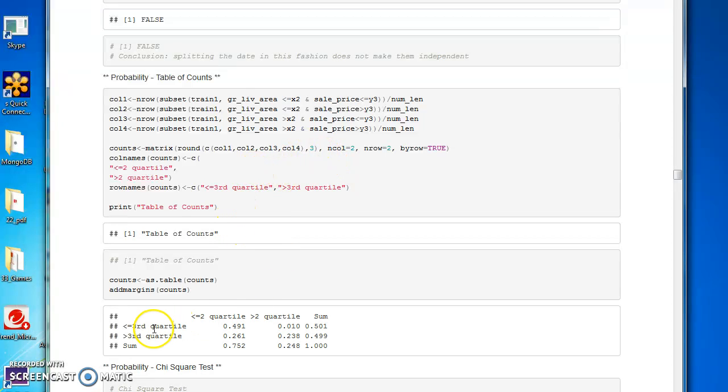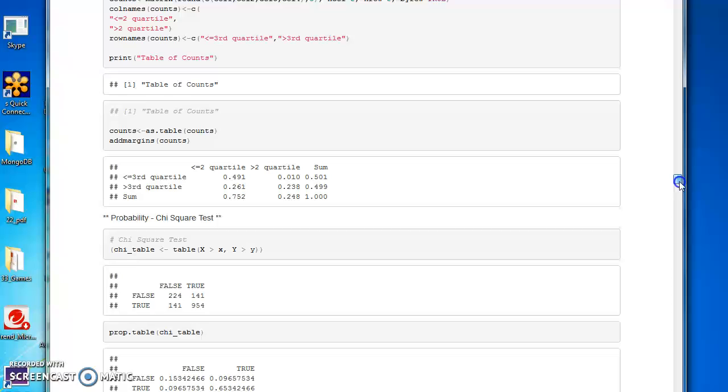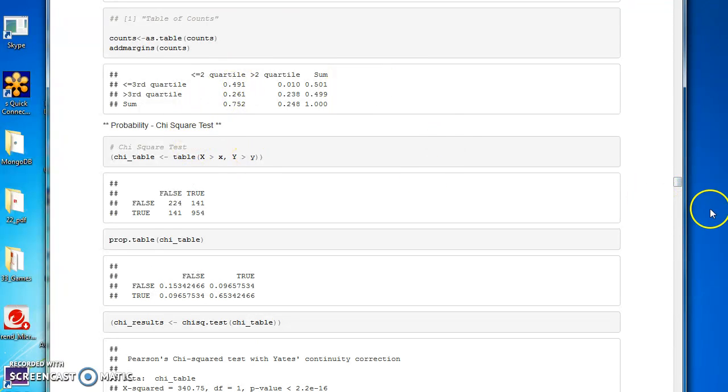And then the table looks like this below, where you can see the X values across the top, second quartile, less than or greater than, and then the third quartile of Y on the rows, less than or greater than the third quartile. And then we have the probabilities of each of those combinations in this table.